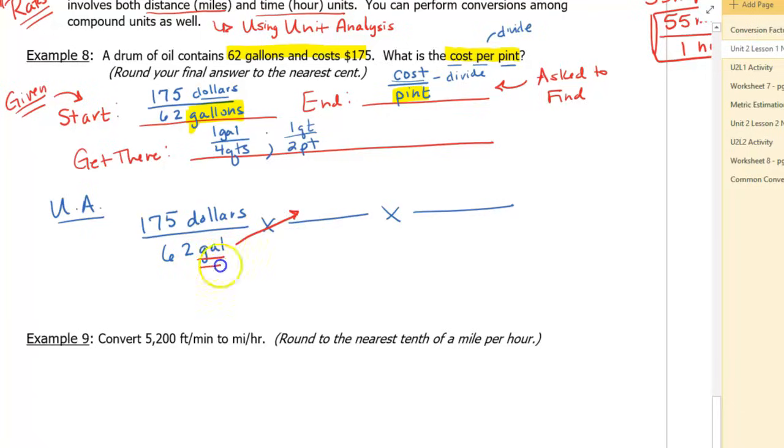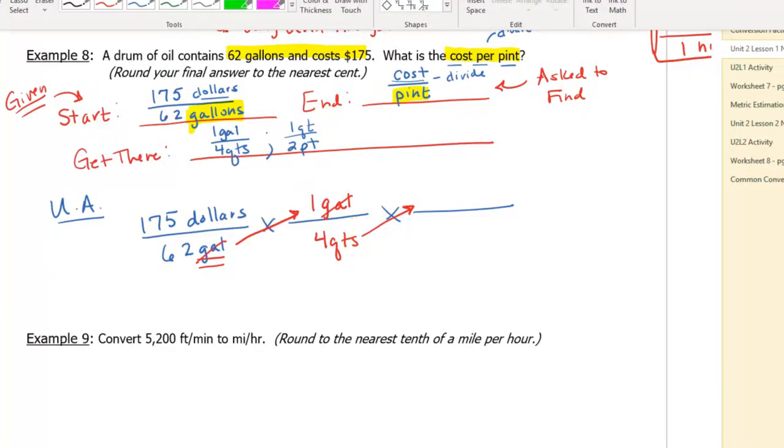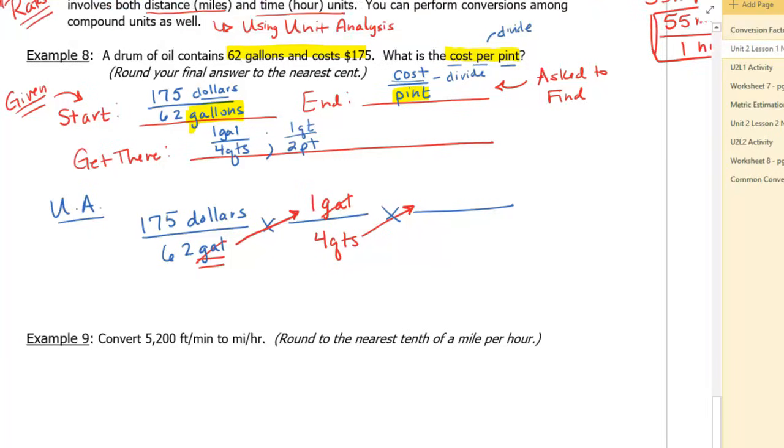So if we have gallons in the bottom, we want gallons in the top. So we'll put 1 gallon over 4 quarts. And now the gallons will be gone, and our alternating units will go from quarts in the bottom to our conversion factor in the top, which is 1 quart over 2 pints.